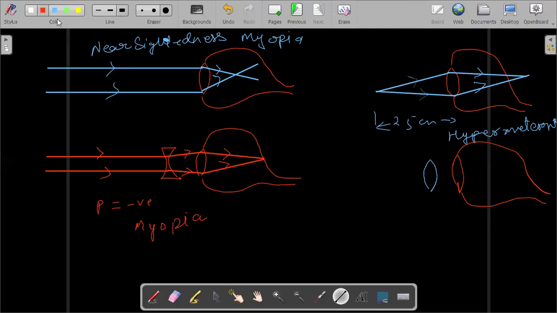So you will have again from 25 centimeter the ray of light will come, and it gets a little bit converged towards the eye lens, and then the eye lens converges it finally on the retina.